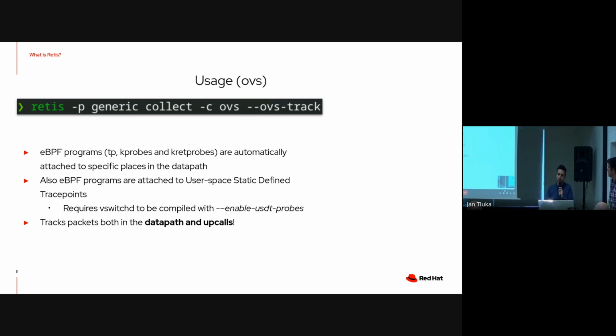Of course, this requires USDT probes to be enabled, so you have to compile the user space part with the enable USDT probes flag. This way, you are able to follow packets through the data path, through upcalls and back to the data path.